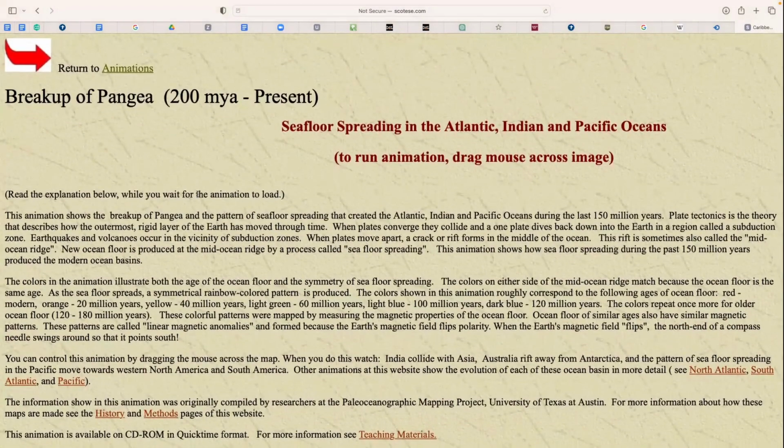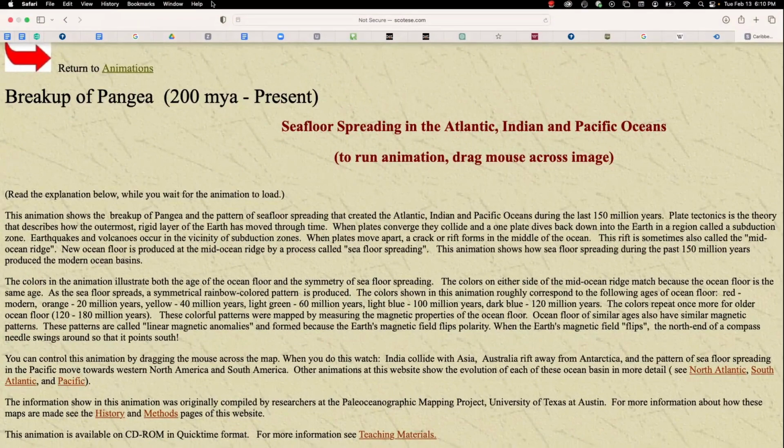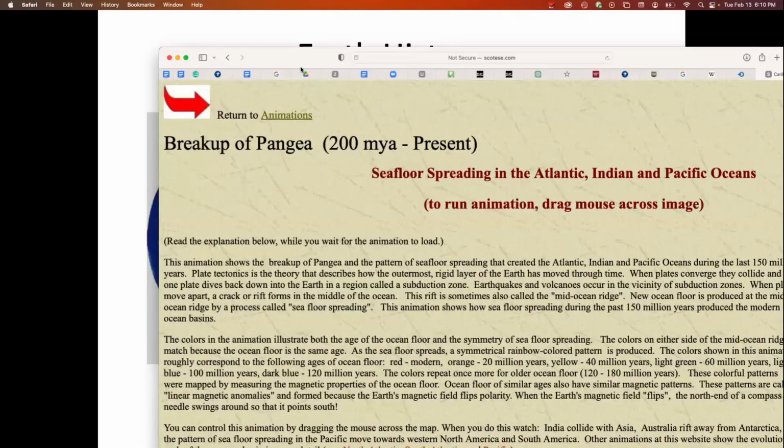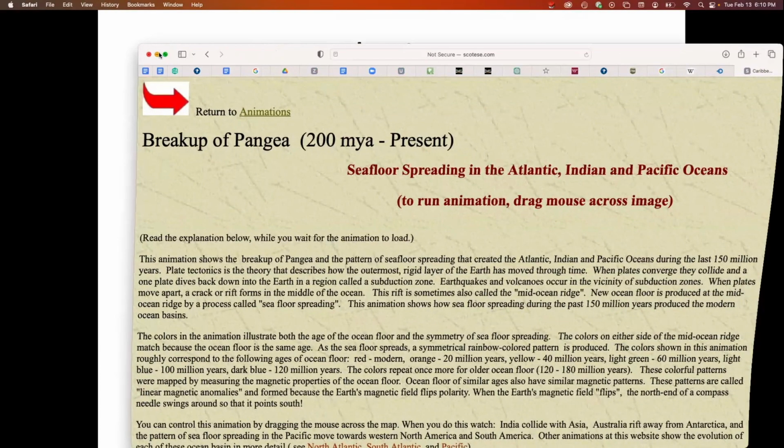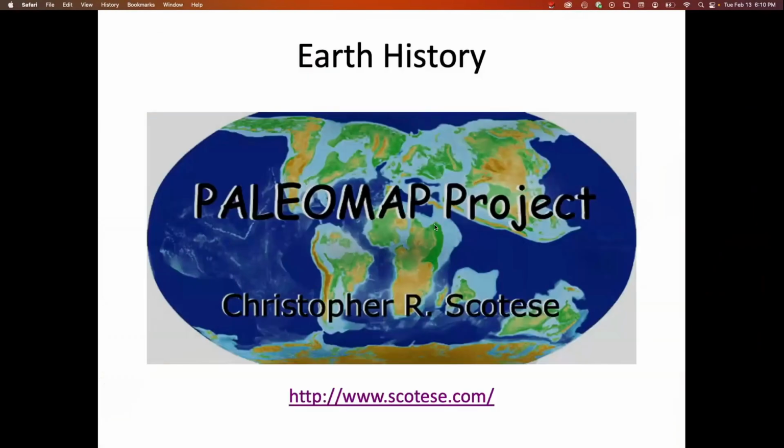Back in the day, you could see an animation pop up, and you could drag across it. Apparently, the animations feature is not working, so I'm going to jump out of this and we're going to keep going. But I do want you to at least know about this website because it's important for looking at the different periods of Earth history. Okay, let me pull this back up here.